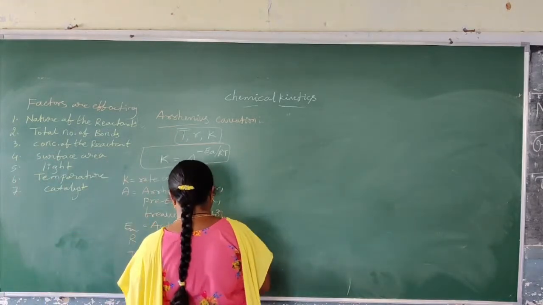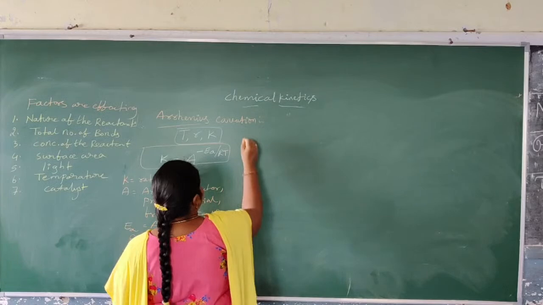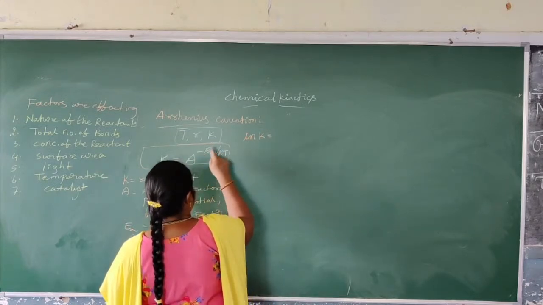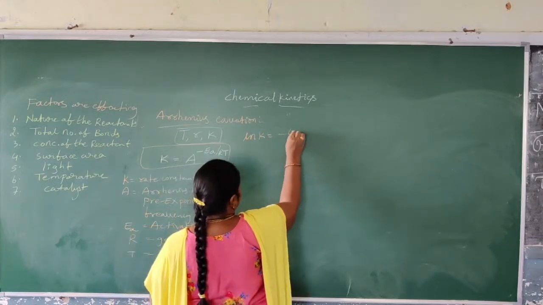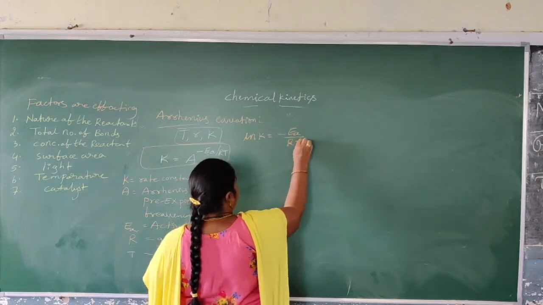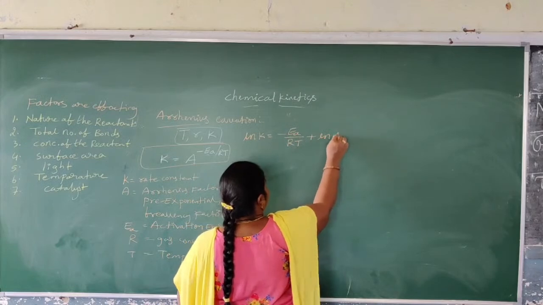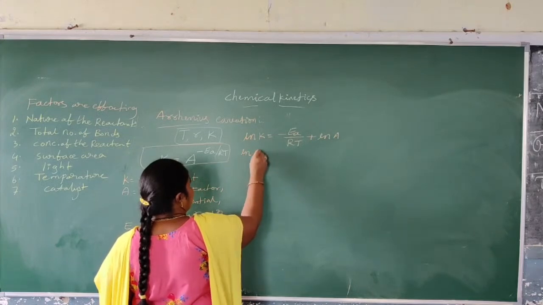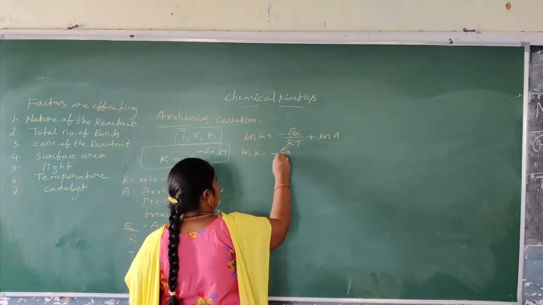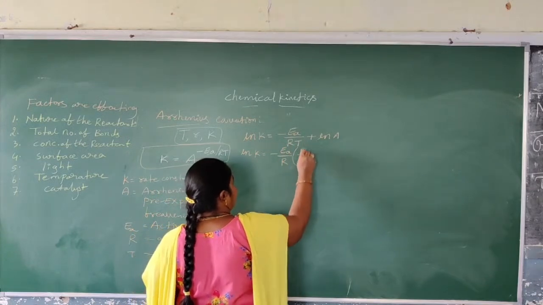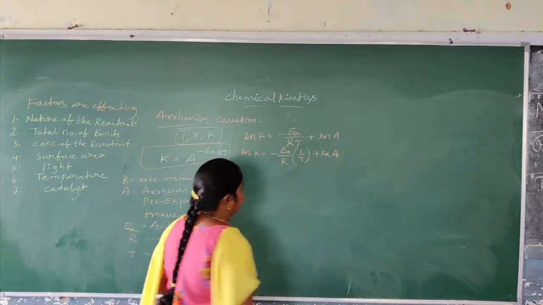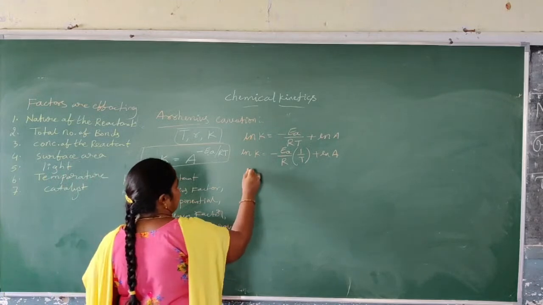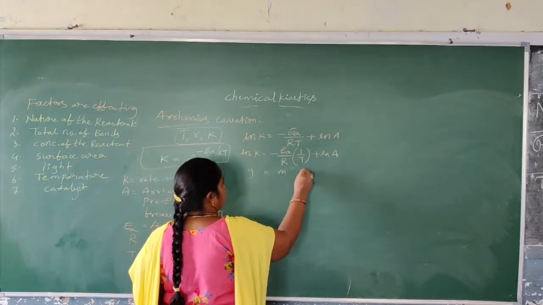So ln K is equal to minus EA by RT plus ln A, since the power comes down as the base. The same equation can be written as ln K equals minus EA by R times 1 by T plus ln A. For our convenience, I rearranged it in the form y equals mx plus c.